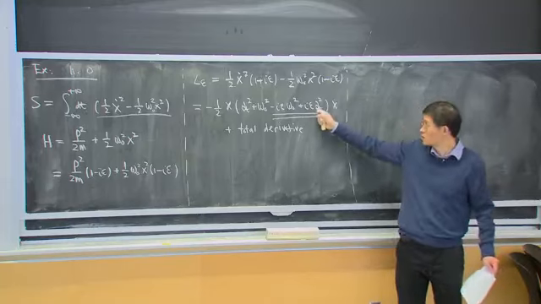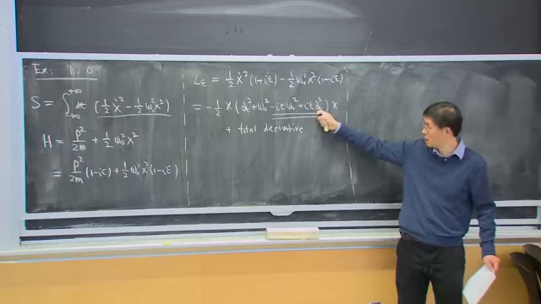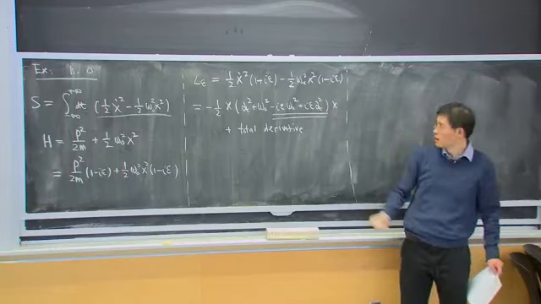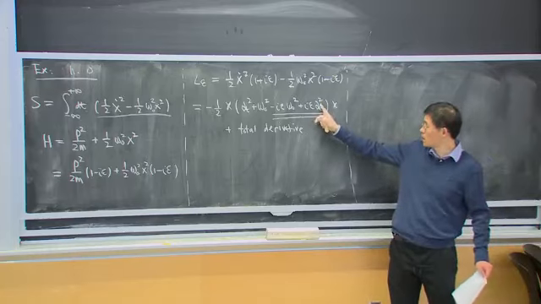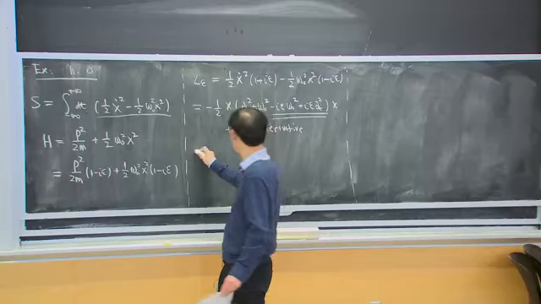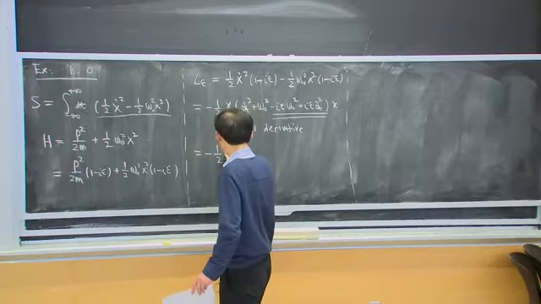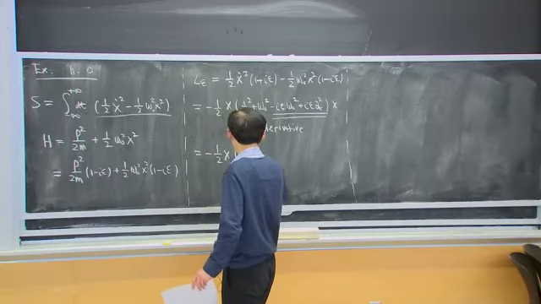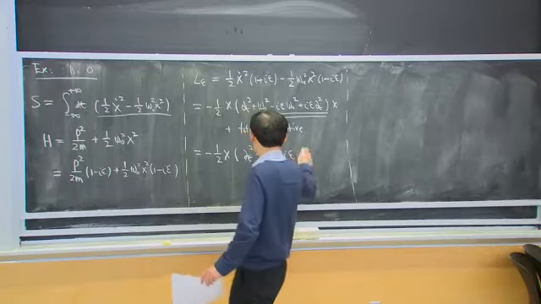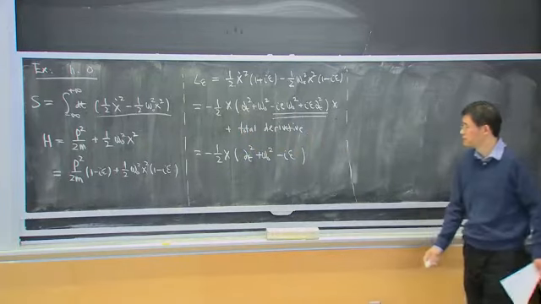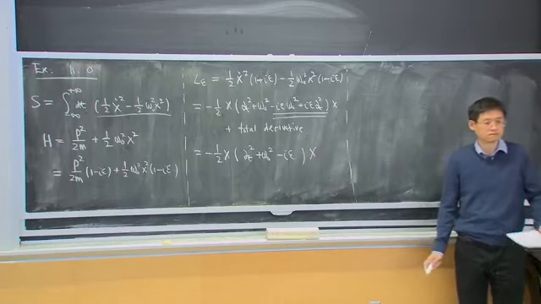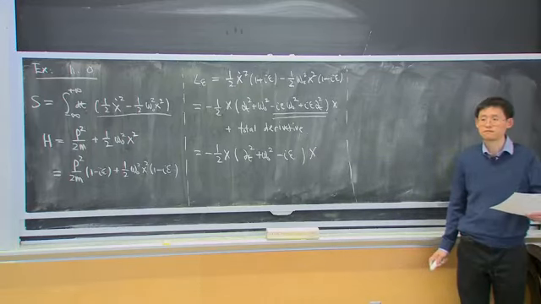So this is also a negative number times epsilon. That means we can write the whole thing as 1/2 x (partial t squared plus omega 0 squared, minus i epsilon) x.